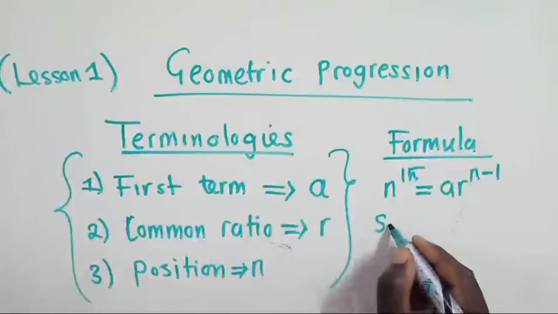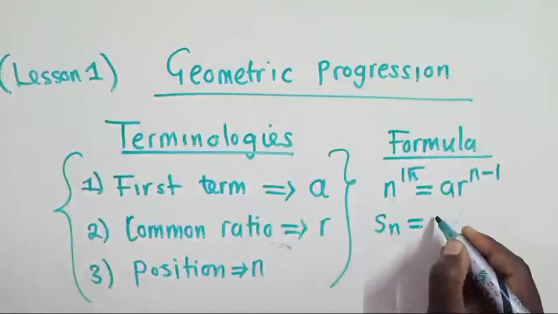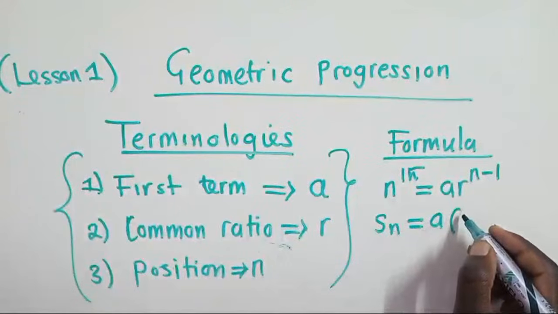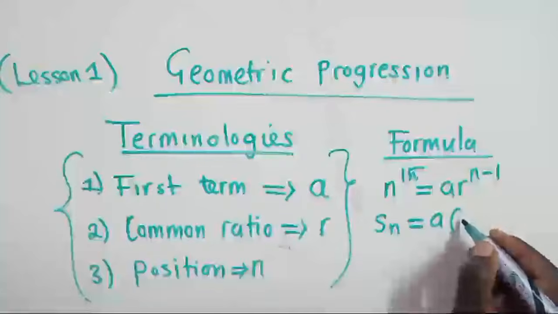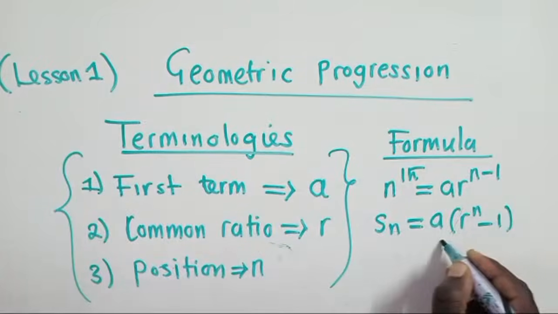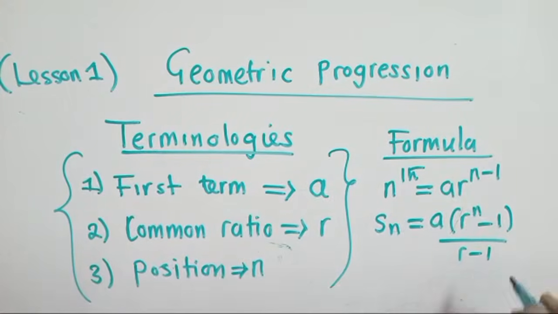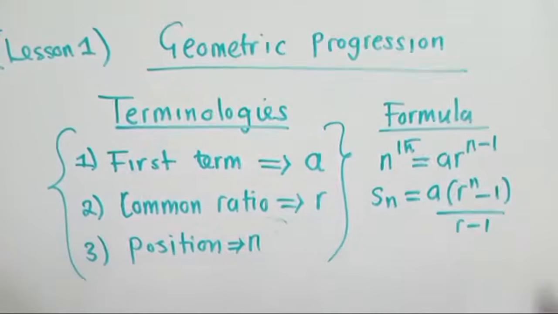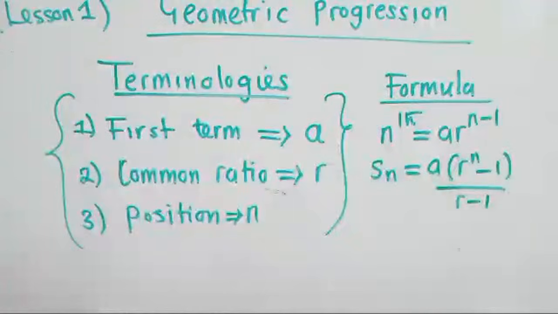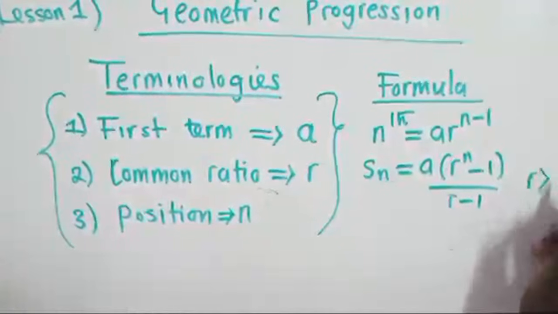It's for the sum. So these are the formulas. So keep on watching, and at the end, we'll try to do some examples. So this is the formula for finding the sum. Okay, so formulas for finding sum, there are two of them. We've got the one I've written here. We use this one when R is greater than 1.